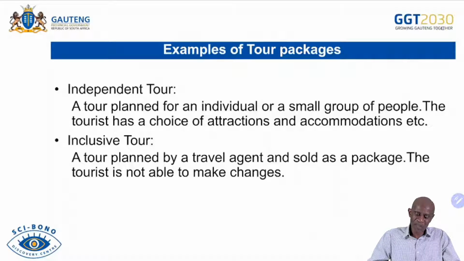The travel agent gives you the package, and you may not amend or effect any changes to it. You have to follow what is given to you by the travel agent.